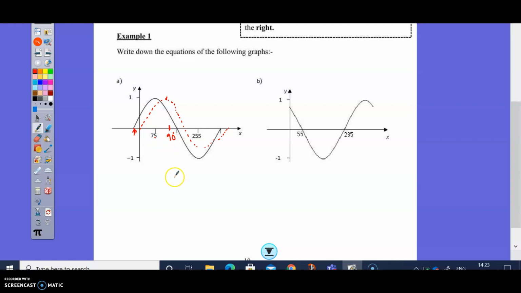This is at its maximum at 75, so it's shifted 15 degrees that way. It must be a plus 15 because it's moved in the negative direction. So that graph would have equation y equals sine x plus 15 degrees.